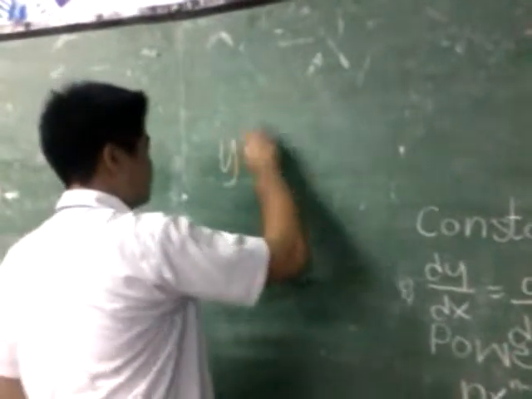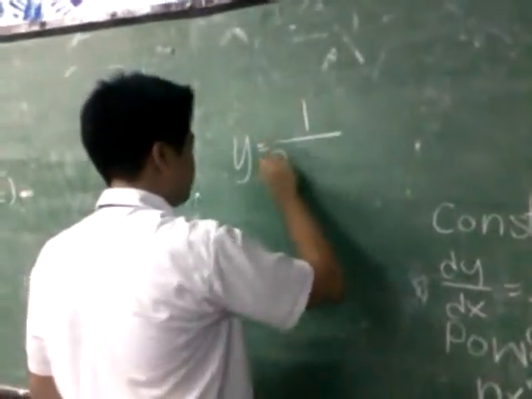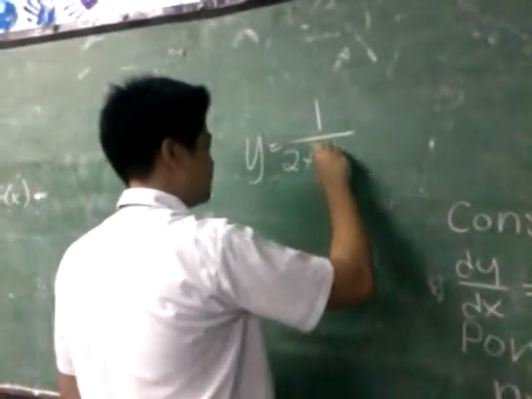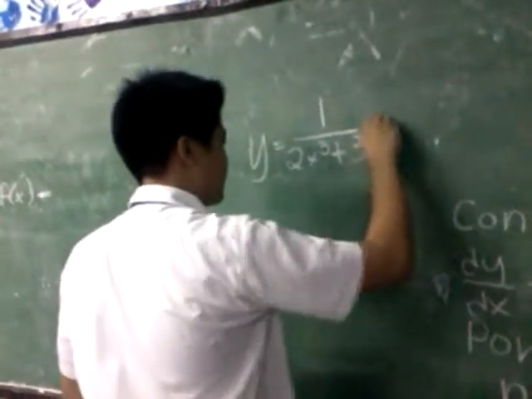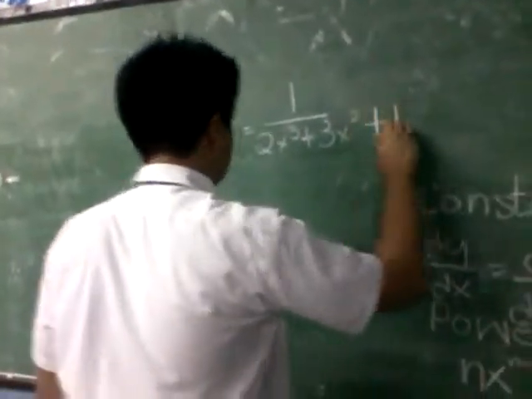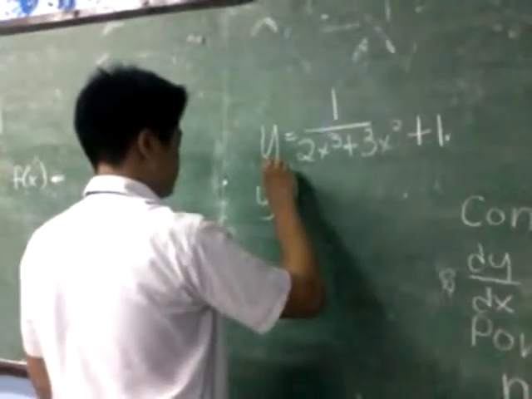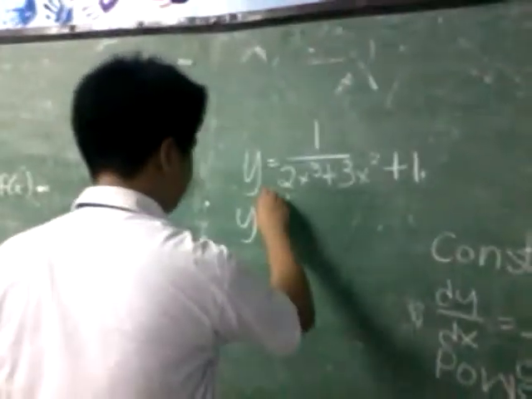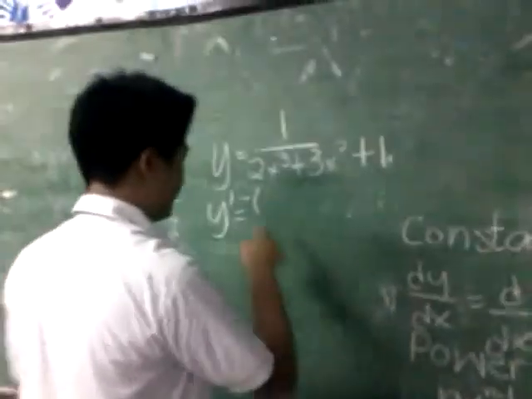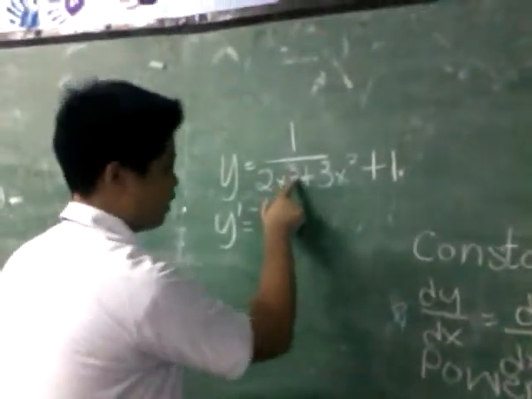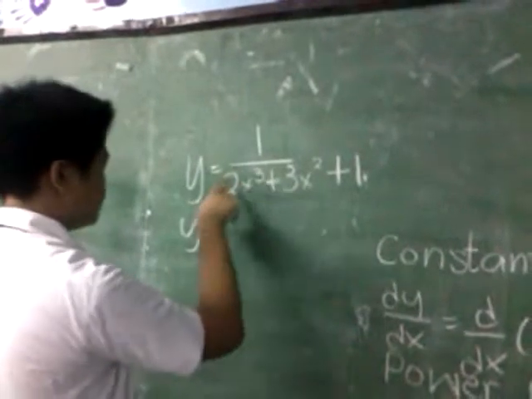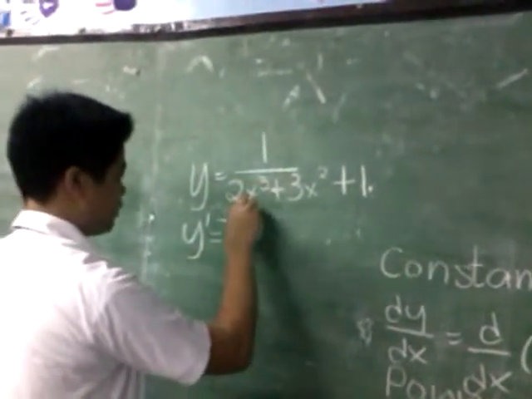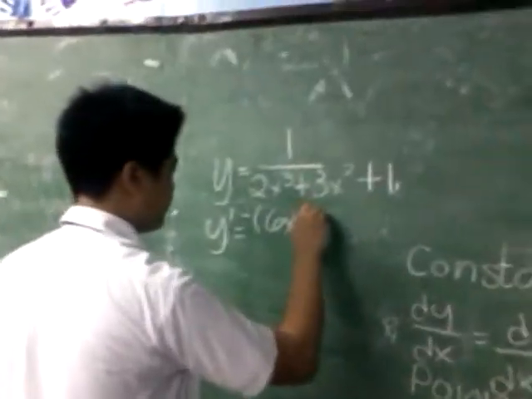y is equal to 1 over 2x cubed plus 3x squared plus 1. So by applying the formula, you put negative. And on the power rule, it says that you should multiply this at the top, so it should be 6x squared.